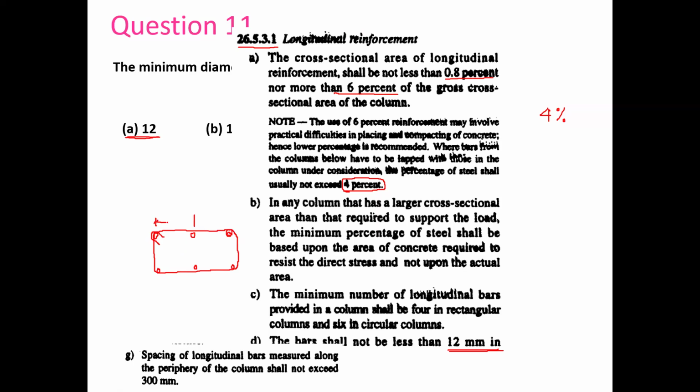This should not be greater than 300 mm, so we have less than or equal to 300. All these distances between bars, if they exceed that, then we have to go for these bars.